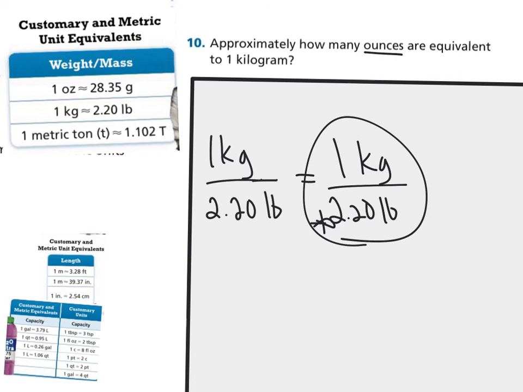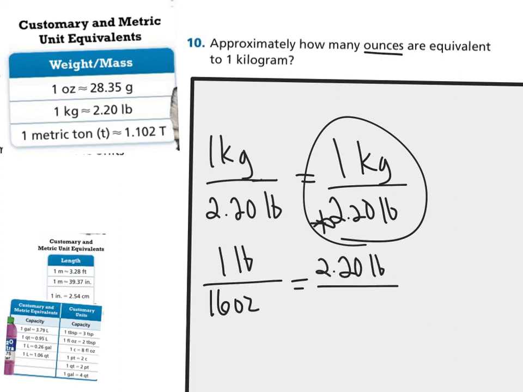You can look at that, or you can look at the document, the paper that's got all the conversion information on it that I shared with you. Otherwise, you can Google search that conversion, I guess. But 1 pound is 16 ounces. And so if we have 2.2 pounds, 2.20 is the same as 2.2 really, that would be multiplying by 2.2.